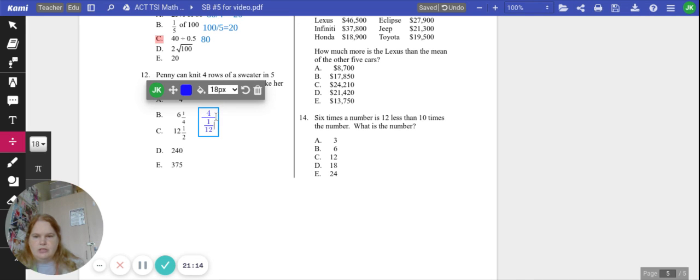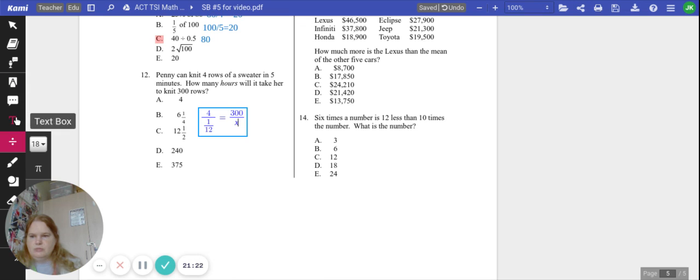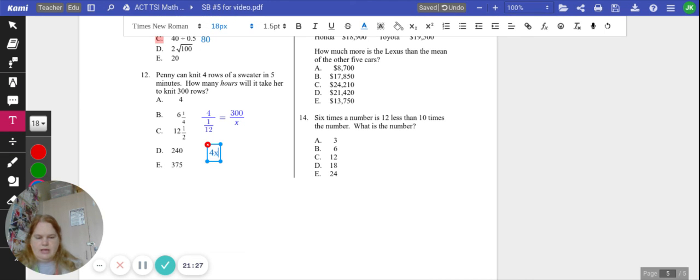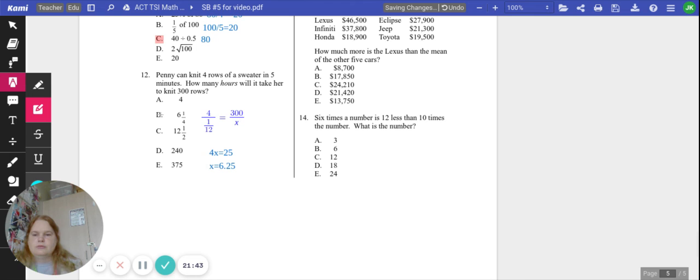Wow, Penny, good job. And that's going to be equal to 300 rows in X hours. Now I'm just going to cross multiply. 4 times X is 4X. And 300 times 1/12 is 300 divided by 12, which is 25. Solve for X. So X is 25 divided by 4, which is 6 1/4. So it's going to take her B, 6 1/4 hours.